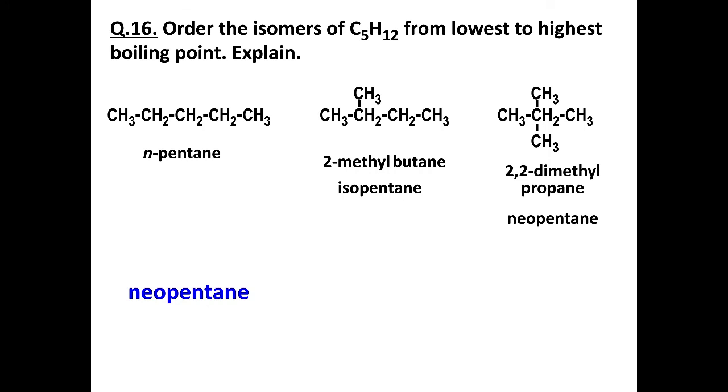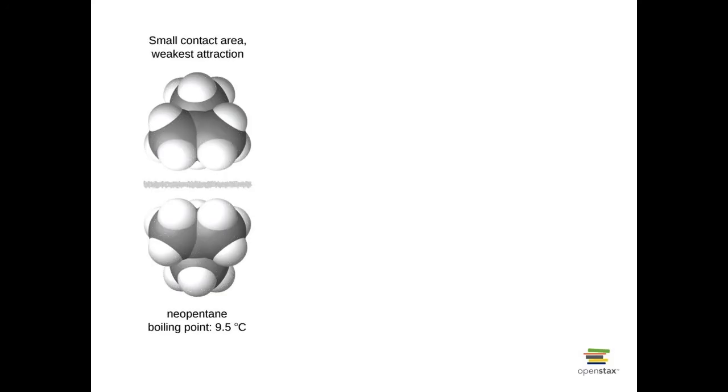And it turns out that neopentane has the lowest boiling point, n-pentane has the highest, with isopentane in the middle. And let's take a look at the reasons why. And here we have to look at the structures and specifically the shapes. So this one's neopentane.